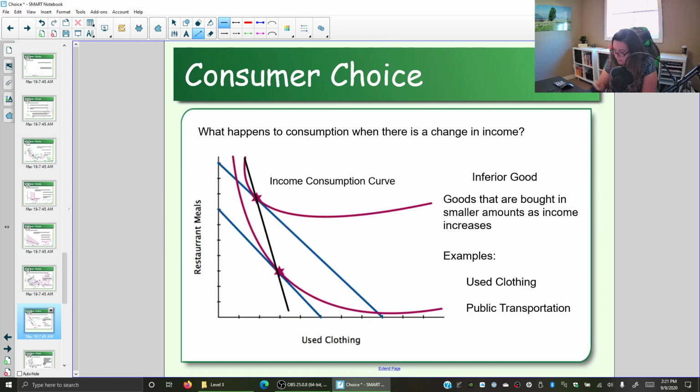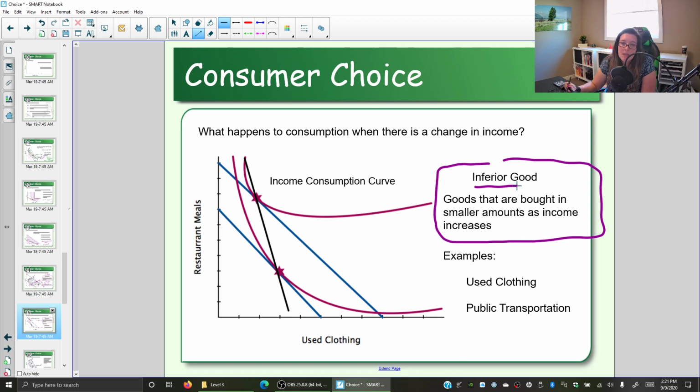Well, there are some goods that when your income increases, you want less of. This is what is called an inferior good. So notice in this graph, here we have two budget lines. So we shift the budget line out for a higher level of income.